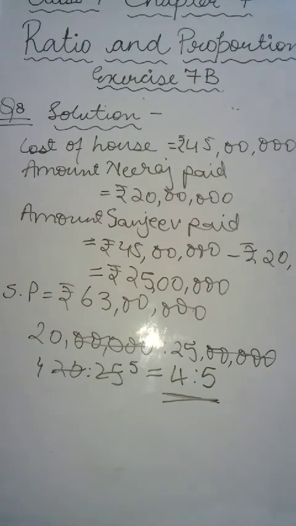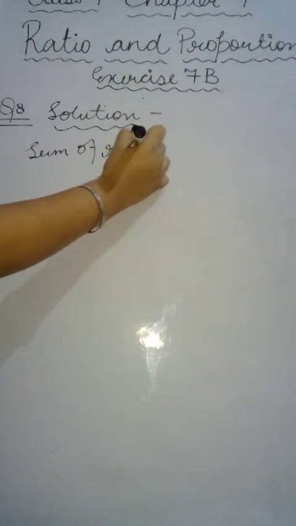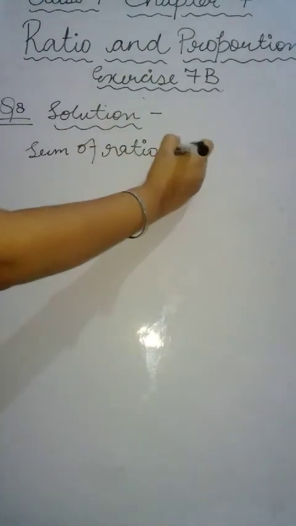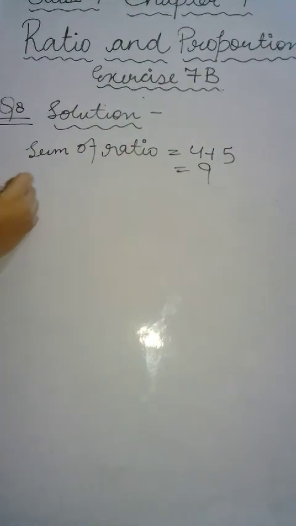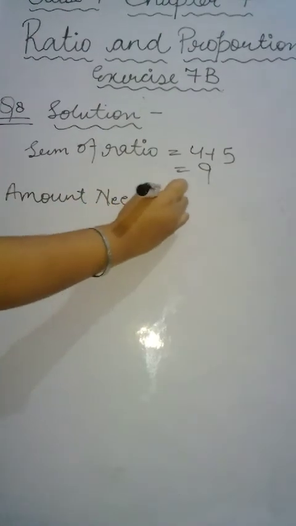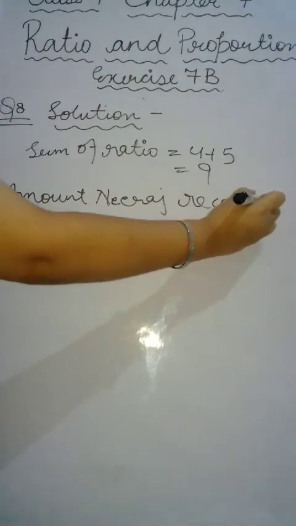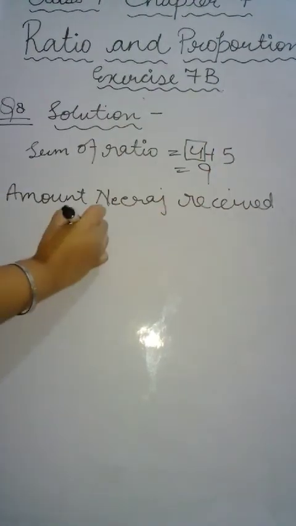Now you have to find out the share of Neeraj. To divide any amount in a ratio, we know that we have to first find out the sum of ratios, to know the total parts, in how many parts the amount is going to get divided. So what was the ratio? 4 plus 5, sum total is 9. Now the amount Neeraj will receive: what was the ratio for Neeraj? 4.